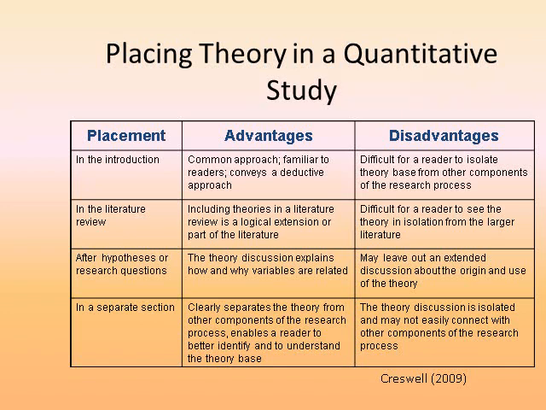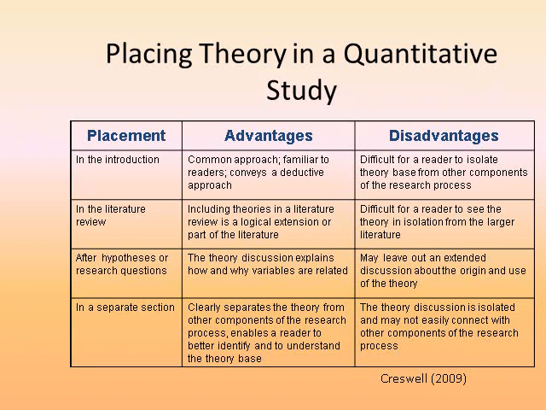The advantage of putting the theory after the hypothesis or research question is that the theory discussion explains how and why variables are related. The disadvantage is it may leave out an extended discussion about the origin and use of the theory.